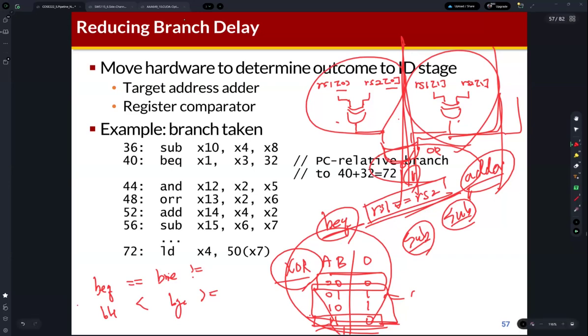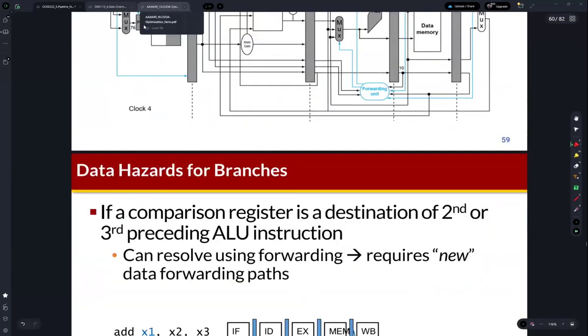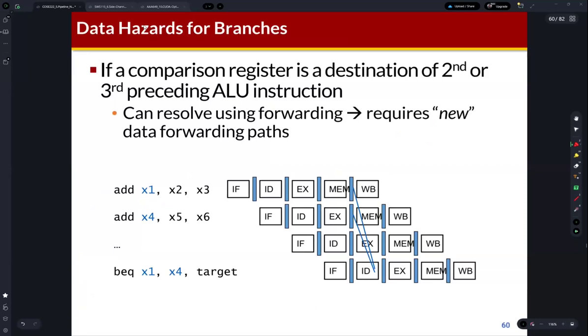We can support BEQ and BNE using equality check logic, but we cannot support BLT and BGE using the equality check logic. So in order to check BLT and BGE, we need to use the subtractor, right? And another issue is the new data hazard. So what does that mean?